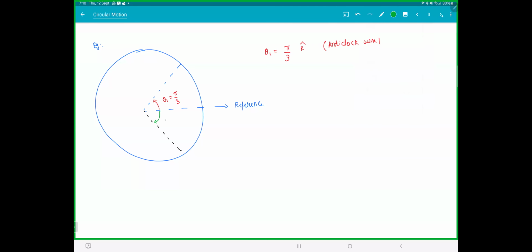If something rotates like this, and let's say this theta 2 is pi by 4, then you will write theta 2 is pi by 4 minus k cap. That is clockwise. Minus k cap means put your thumb into the paper and rotate your fingers. That will give you the rotation. That is the clockwise direction. You're getting it?